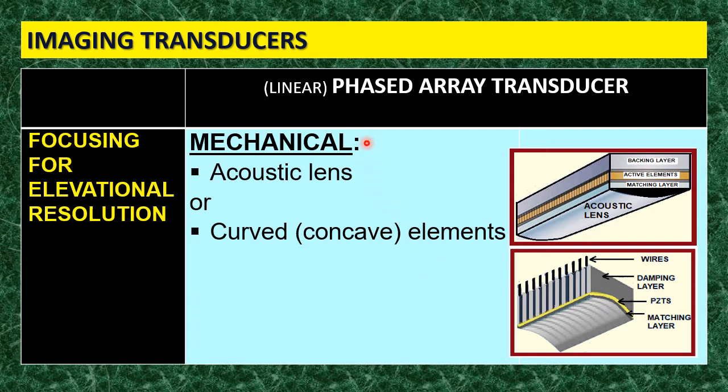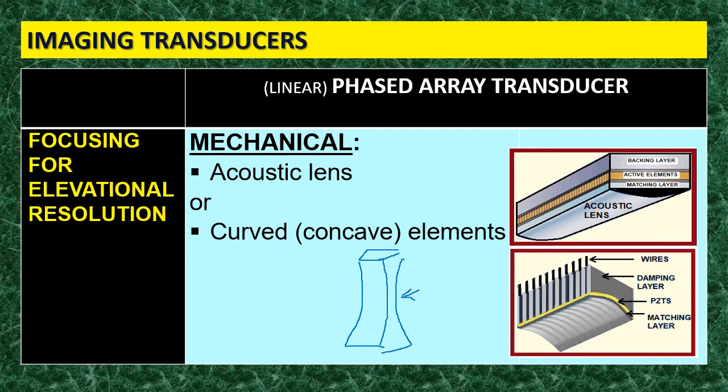for the elevation resolution. So the thickness of the sound beam, if I have here the sound beam, like here, okay. So I can get here the thickness focused, but this focusing here is one focal point only.